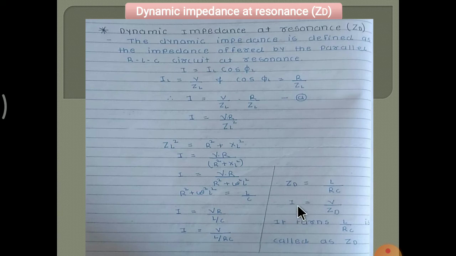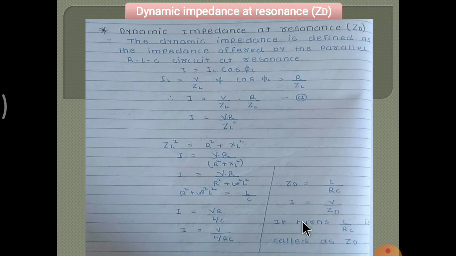Then I is equal to V upon ZD. We know the formula I is equal to V upon Z, so this term is considered Z, or directly put Z in place of L upon RC. So I is equal to V upon ZD, meaning ZD is equal to L upon RC.